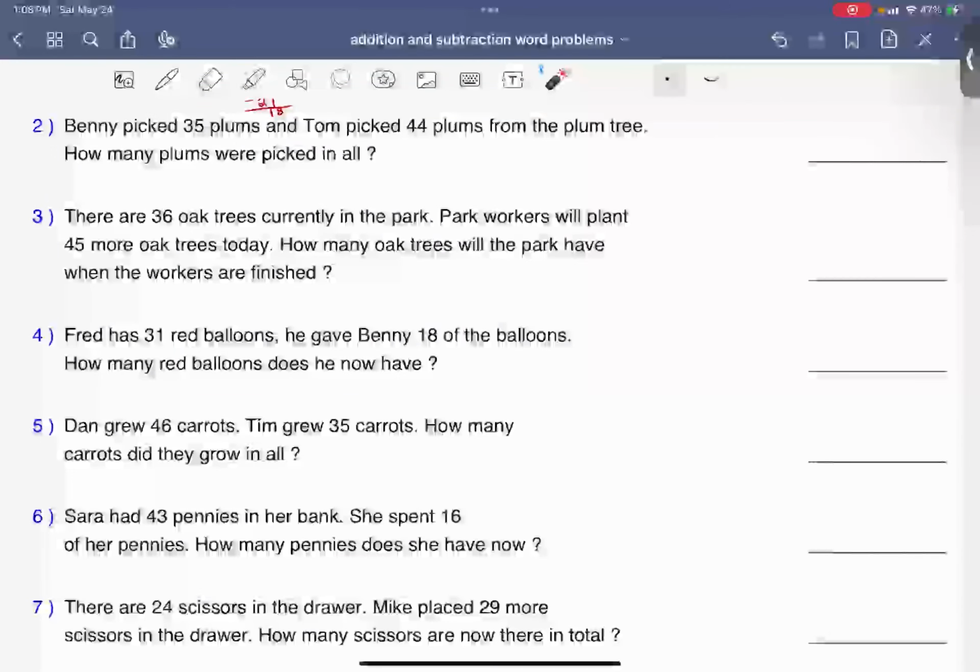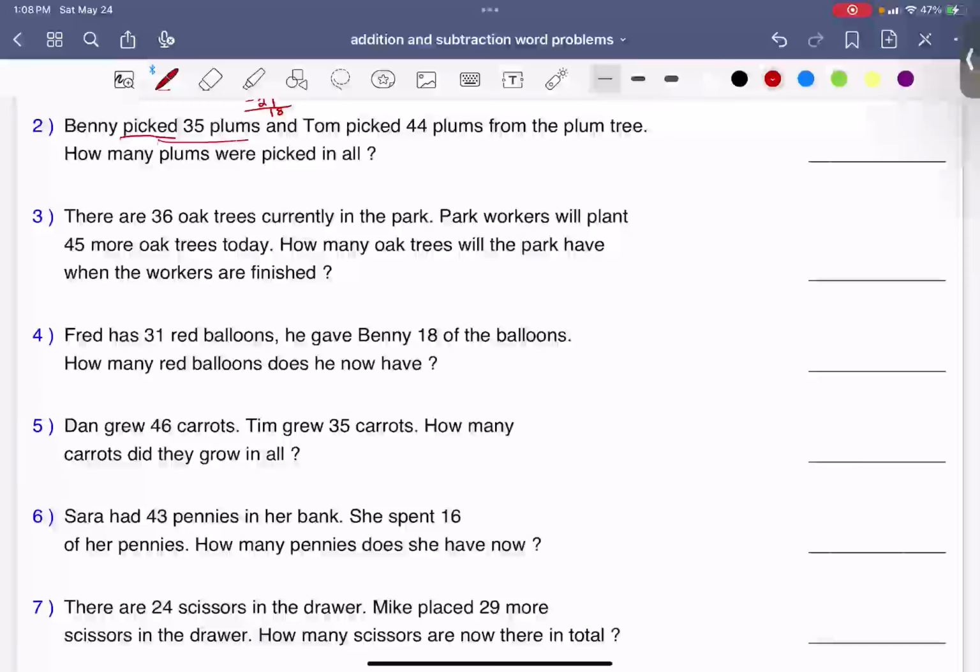Benny picked. So picked is a key word because that shows me getting or having. Benny picked 35 plums, and Tom picked 44 plums. So he has, having of plums, from the plum tree. How many plums were picked in all?